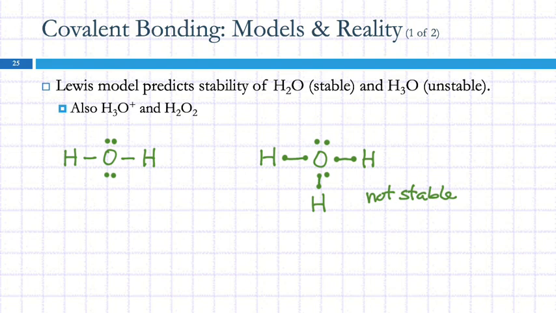Well, what's the difference between H3O and H3O+? We need to lose an electron, right? So if I take this guy and take off an electron, oh, now things are looking much better. Right? Now it's got a positive charge, but that will be stable.